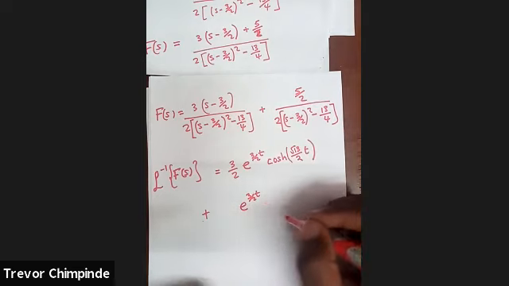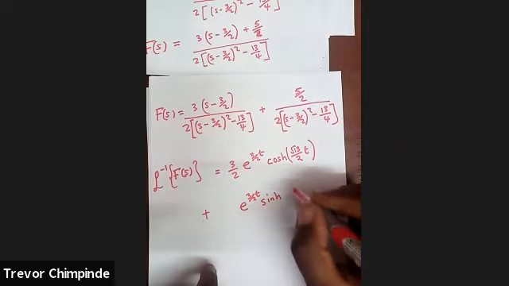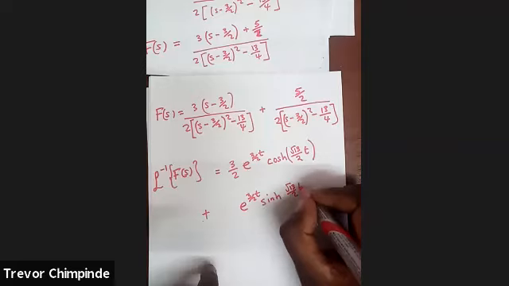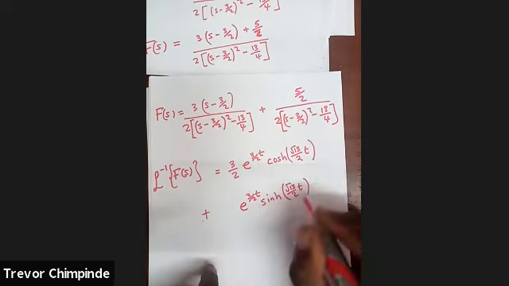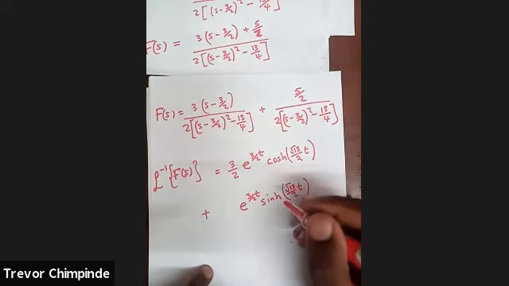Continue. Hyperbolic sine. Hyperbolic sine of what? Root 13 over 2 t. You just have to take care of the constants. What would be the constant here?